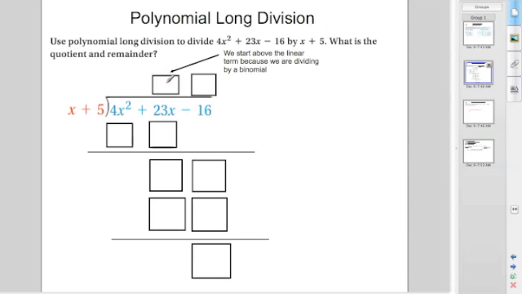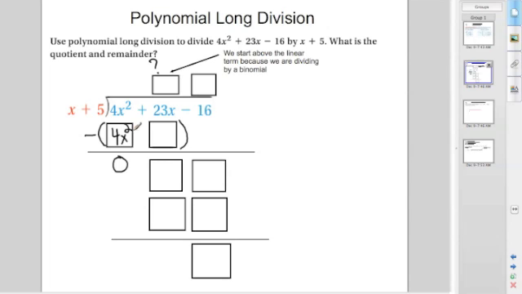Key for long division, we're going to have 4x squared here because we need 0, because again, we're subtracting. So what times x will give us 4x squared?